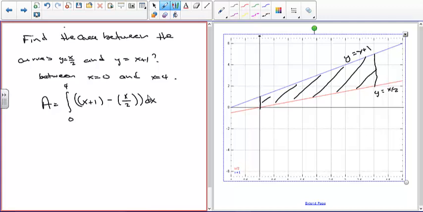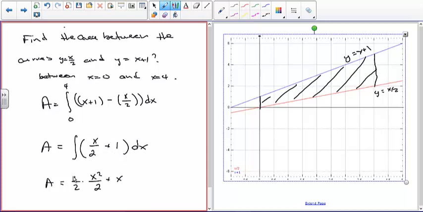Once I have it set up, it's just a simple integration. A lot of times you can combine like terms. We've got x and we've got x over 2, so we can combine those two. We get x over 2 plus 1 times dx. Then we just use the power rule for integration, so we get 1/2 times x squared over 2, and from the other term we just get x.